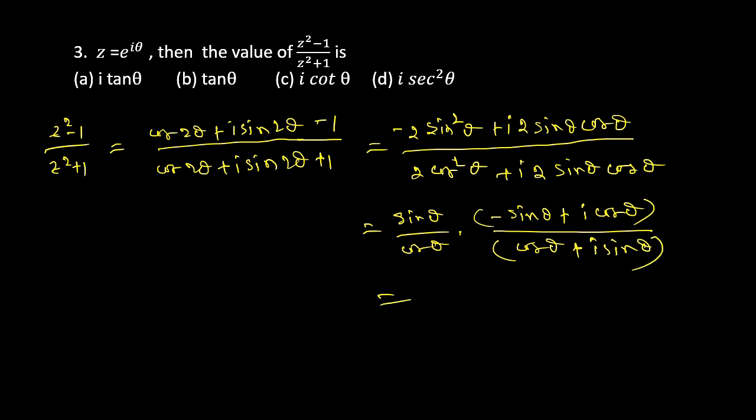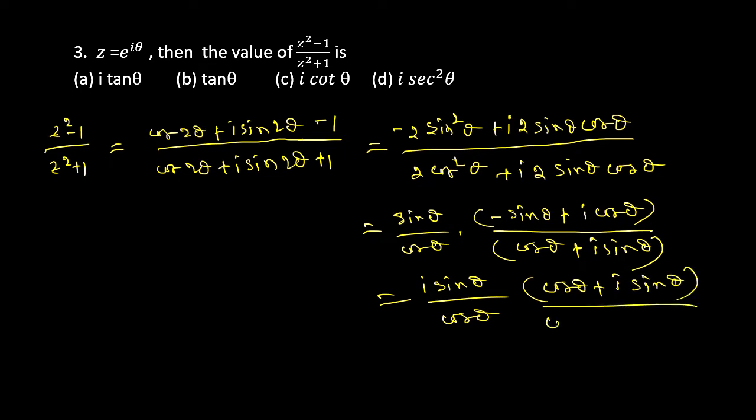Then we can take common i from numerator. Then we get i sin theta, and it will be (cos theta - 1/i)... minus 1 by i means i, so i sin theta by (cos theta + i sin theta).